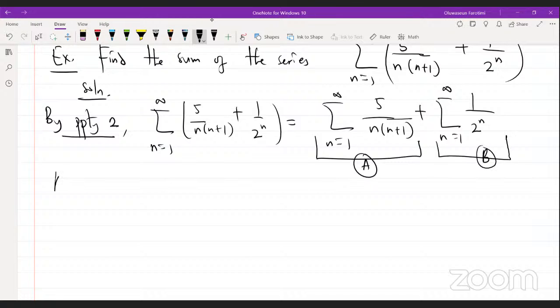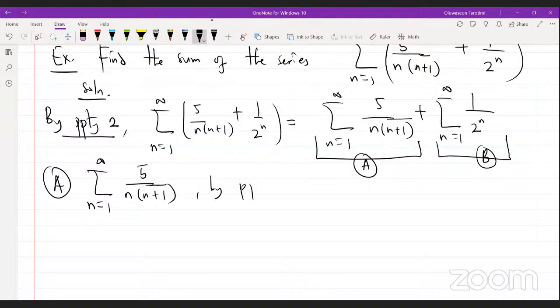Okay, let's see. What is A? N from 1, right? What kind of series is A? Is it a geometric series or a non-geometric series? Think about that. Okay, so that is just non-geometric, right? By property 1, what can you see?